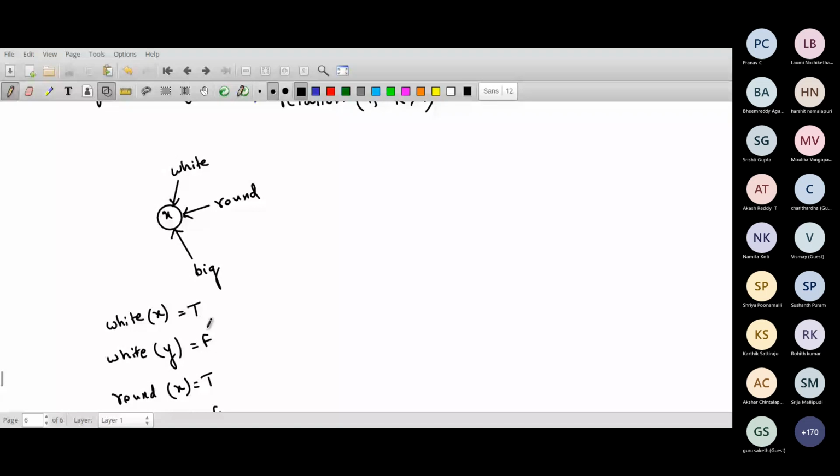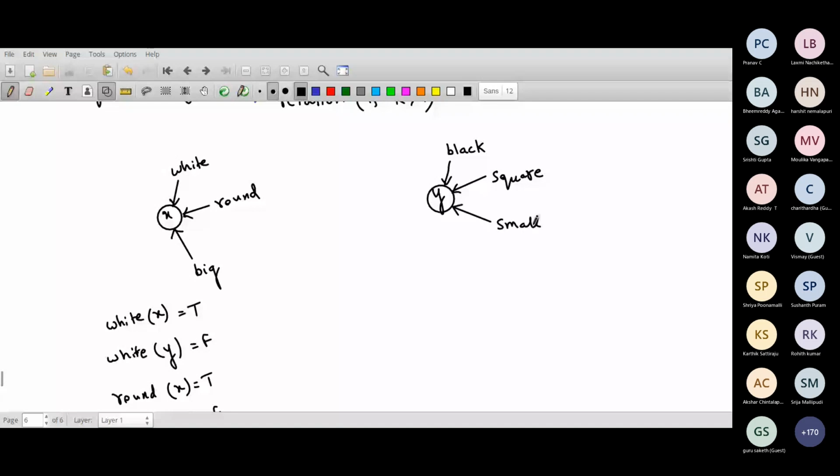Okay, so if you take an object like y, maybe it is not white, maybe it is black, and maybe it is not round, maybe it is of square shape, and maybe it is not big, maybe it is small.